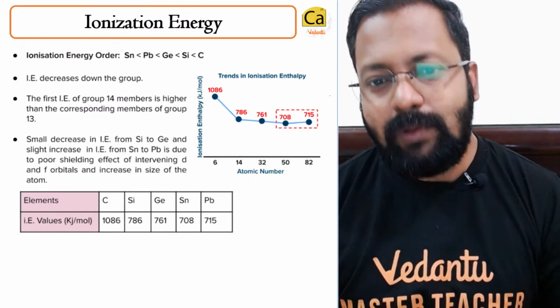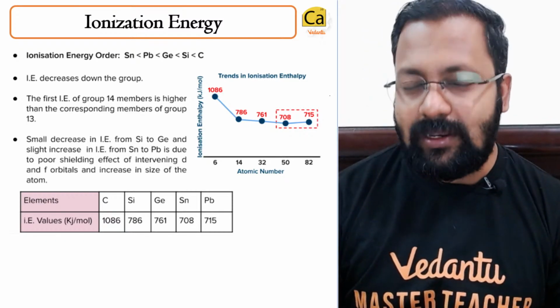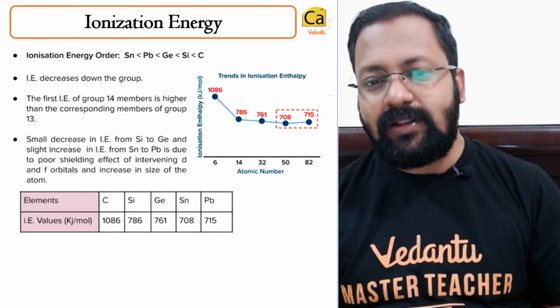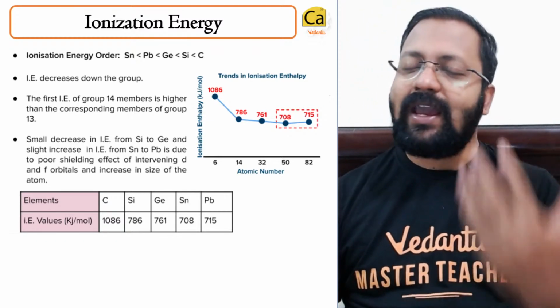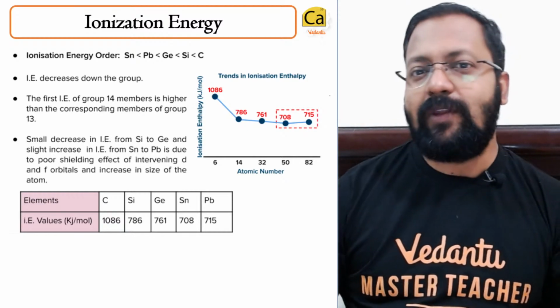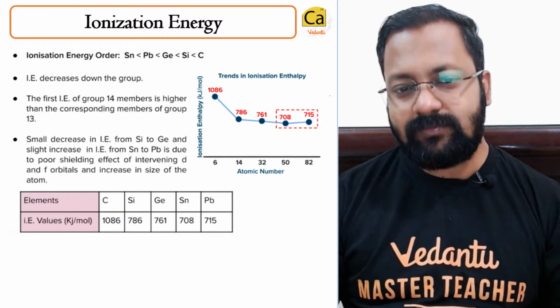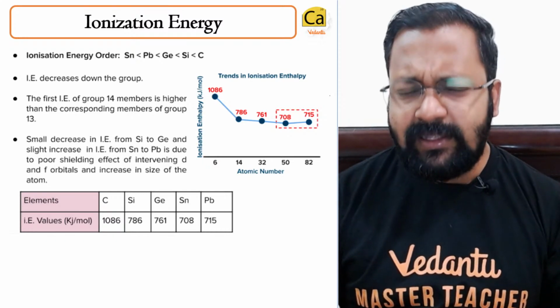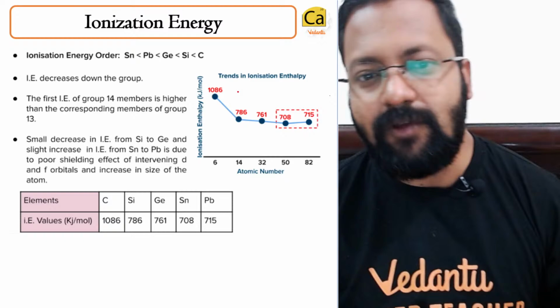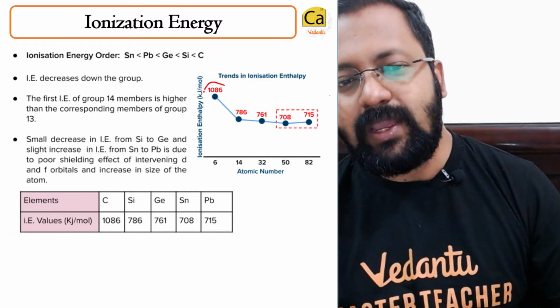And next, when we talk about the ionization energy, तो हम क्या expect करेंगे? As I go down the group, the ionization energy should decrease, isn't it? The element with highest ionization energy or ionization enthalpy should be carbon.